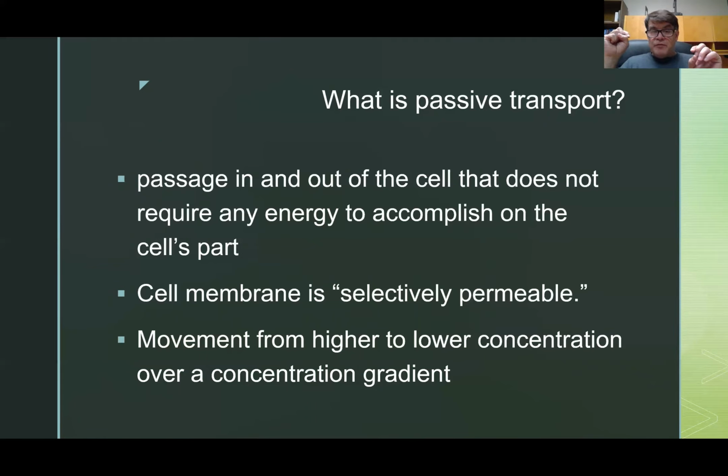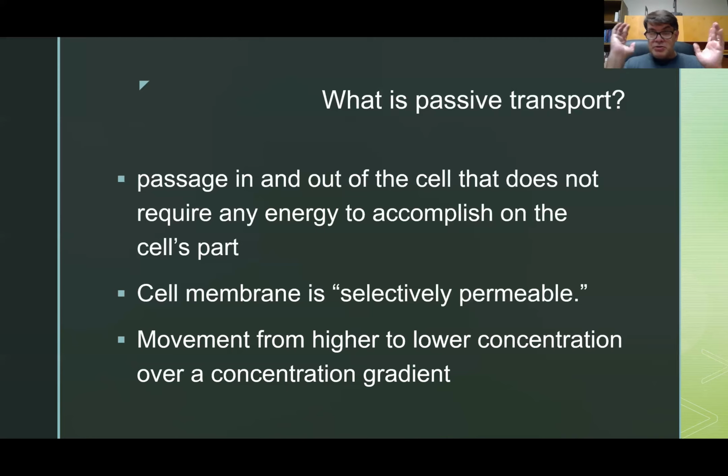So let's say you have a higher concentration of something outside of the cell than inside of the cell. Over time, that's going to even out as much as possible until they become equal, where we get what's called dynamic equilibrium. Dynamic equilibrium means that there's still some stuff coming in, and still some stuff going out, but it's happening so that it remains pretty much the same concentration outside and inside.